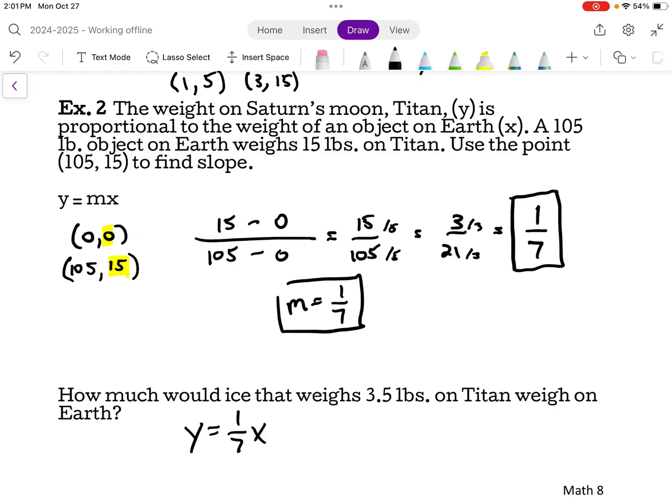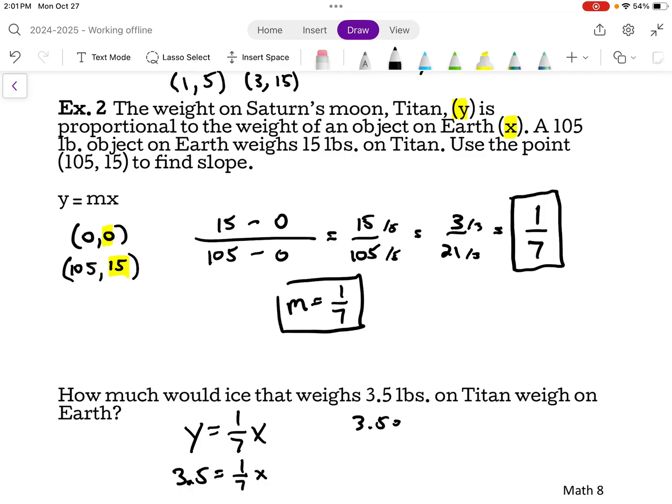And then from here, I can figure out how much ice that weighs 3.5 pounds on Titan weigh on Earth. And if you look back at the original problem, Titan was my y value, and Earth was my x value. So I'm going back to the top here. And if Titan's my y value and the ice weighs 3.5 pounds on Titan, I would take 3.5 and plug it into y and set that into the equation and solve for x.